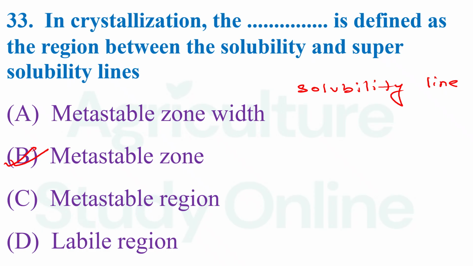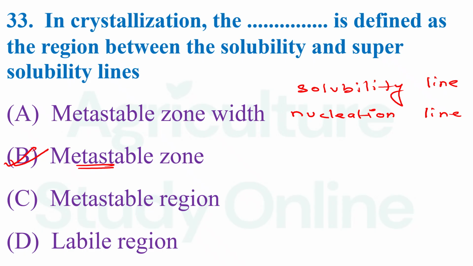And next one is the supersolubility or nucleation line. Now the region between these two lines is called the metastable zone. This solution is supersaturated, means crystals grow, but no spontaneous nucleation occurs, means crystals form only if seeds are added.